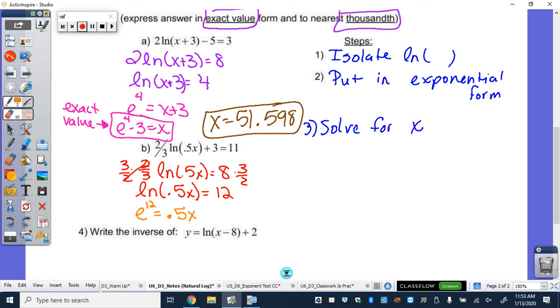So now for our exact value, you can't sit here and tell me divide by 0.5. You can't have a decimal in your fraction. So how do we clean up the 0.5? What's our other way of doing it? 0.5 is 1/2, yep. So multiply by 2, flip and multiply. Multiply by 2. So there's our exact value, 2 times e to the 12th.